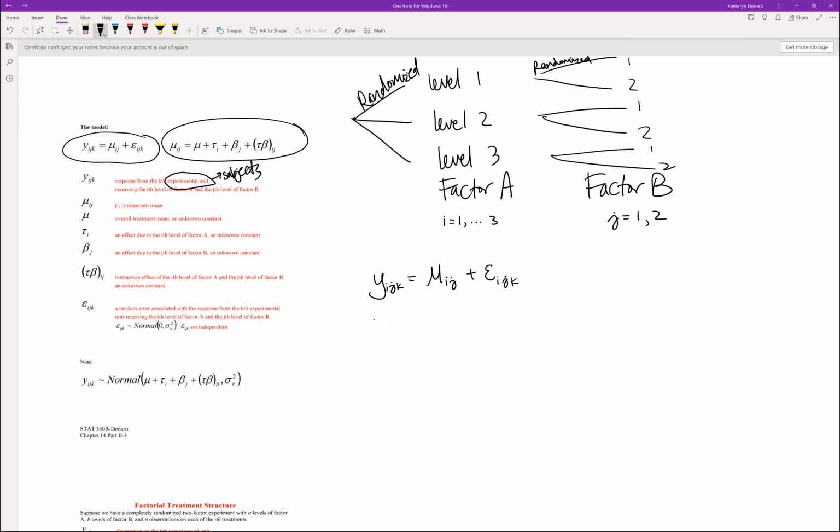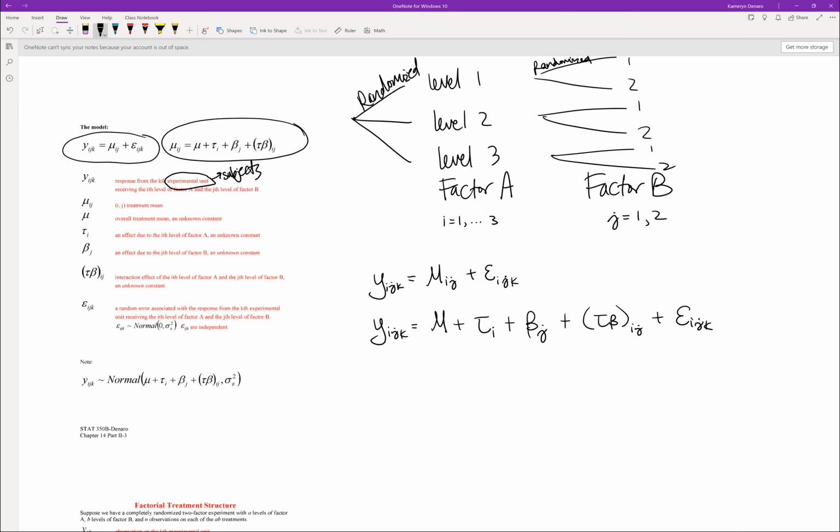Or you could write the model as y_ijk equals some overall treatment mean mu plus the effect due to the ith level of factor A, tau_i, plus the effect due to the jth level of factor B, beta_j, plus the interaction effect tau beta_ij for the ij treatment, plus epsilon_ijk. So either one of these is appropriate for writing out the model.